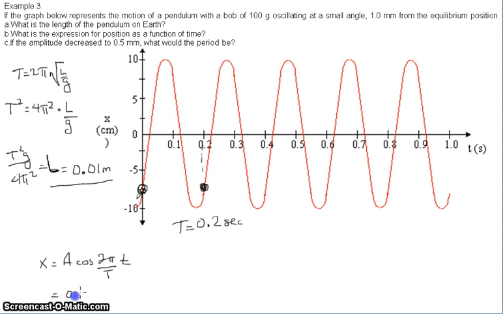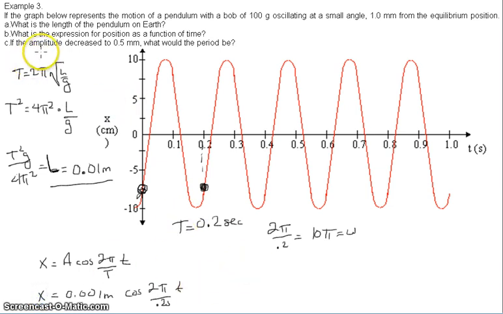So it would be 0.001 meter times cosine of 2π over 0.2 seconds times t. You could also write 2π over 0.2 as 10π, which would also be omega. So you could write this as cosine of 10π t. That would also make sense. Either way, that would be the expression for position as a function of time.